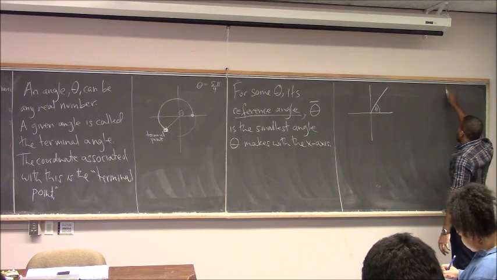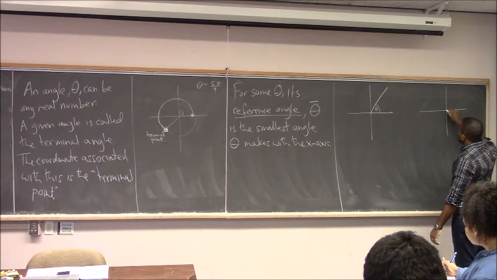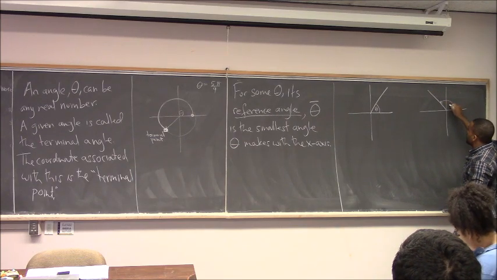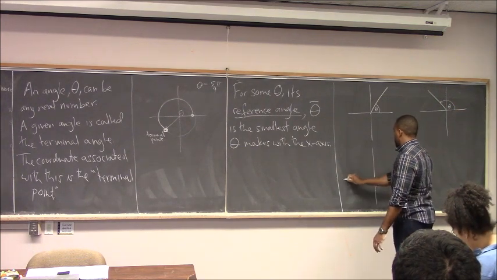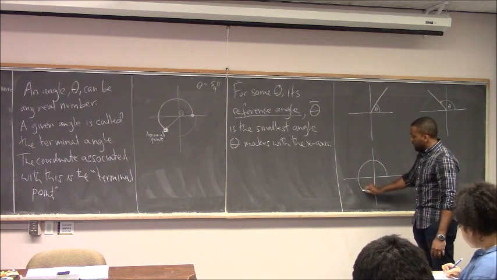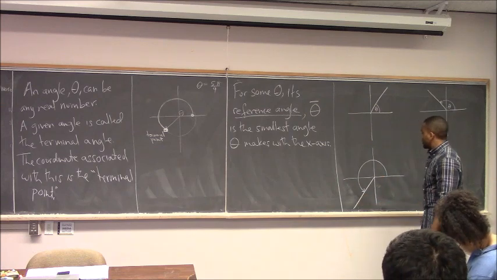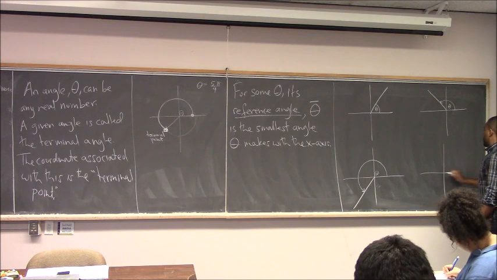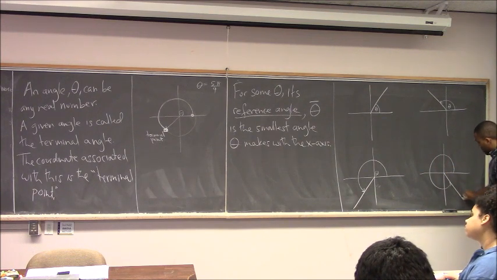We can also assume, and I defined quadrants last time as well, I defined a lot of stuff last time, we can think of our theta as being measured, again, from the positive x-axis to a line in the second quadrant. We can talk about theta as being measured from the positive x-axis to some angle in the third quadrant. That's your theta. You can also measure theta as some angle that goes all the way around to the fourth quadrant.